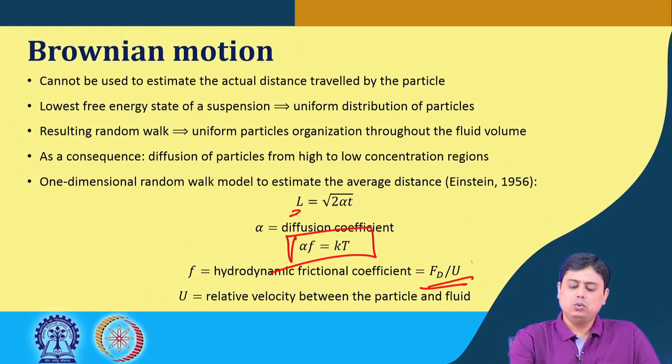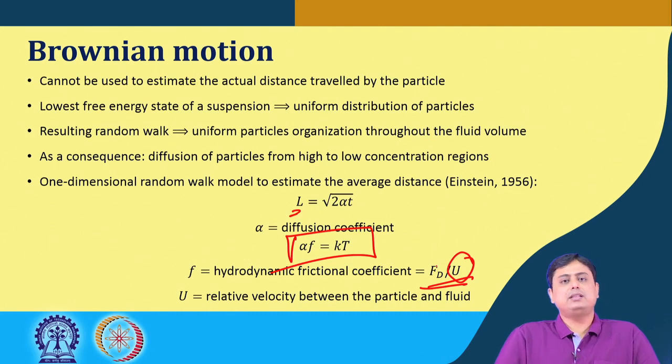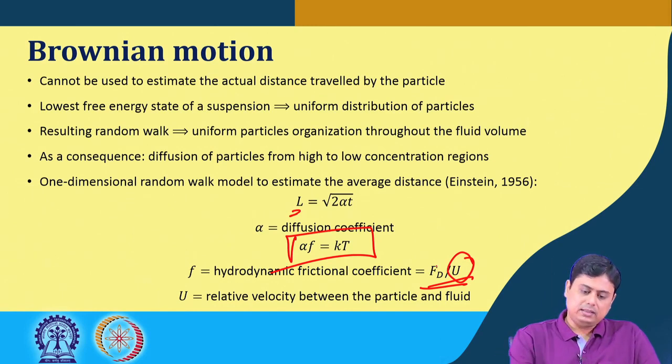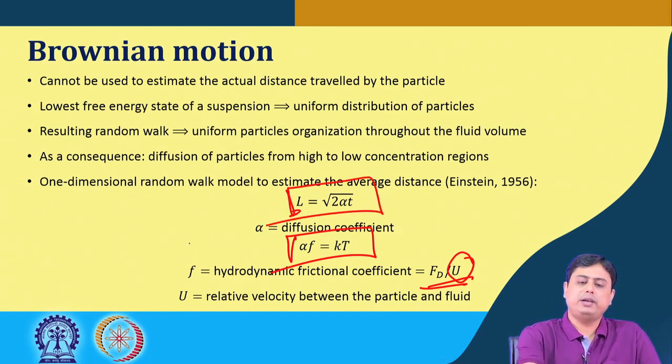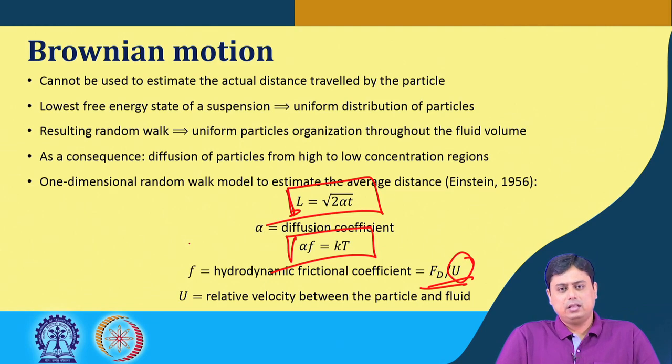Now, this u in this expression is the relative velocity between the particle and the fluid. So, this expression provides us an estimate of how much length these particles will travel.